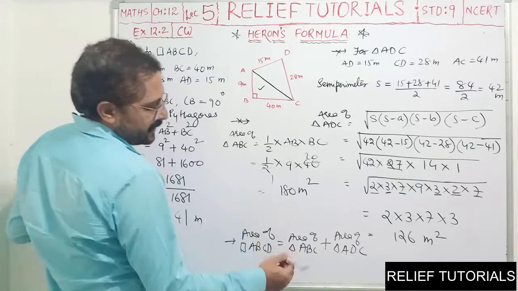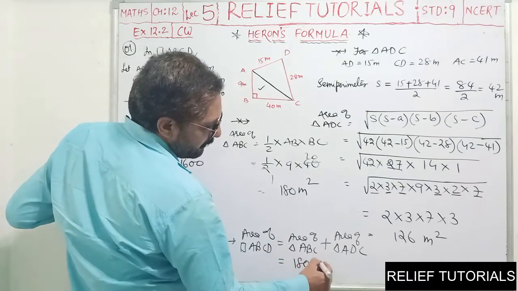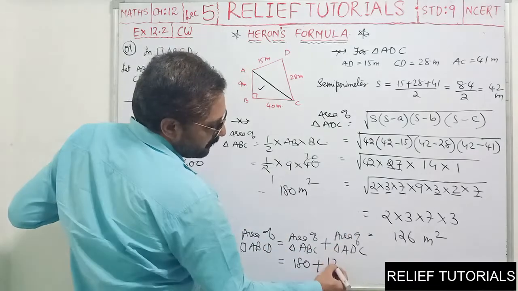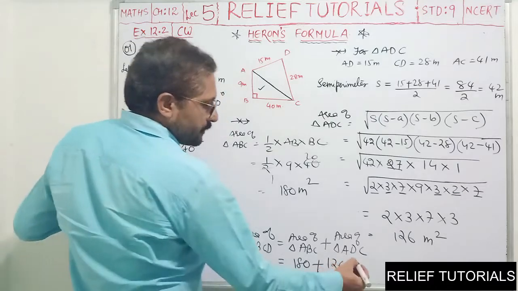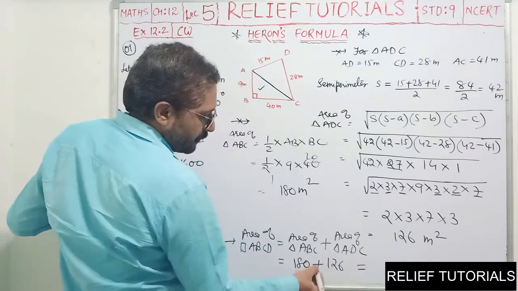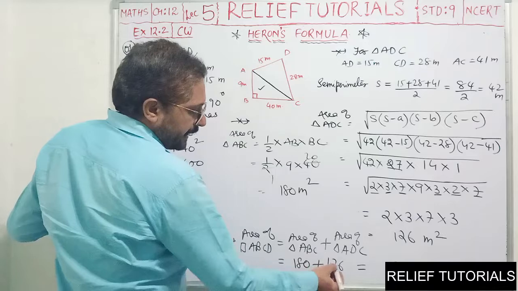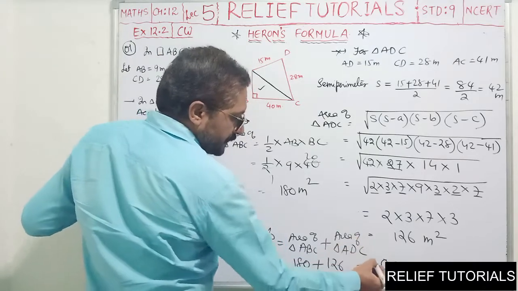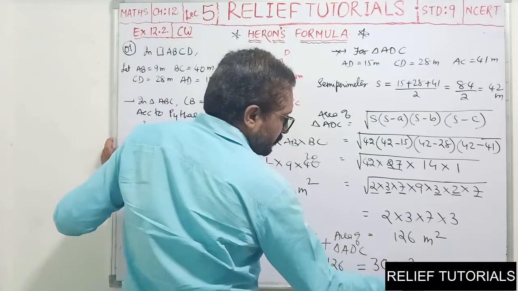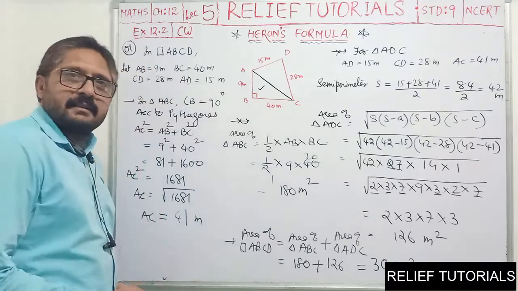Area of triangle ABC is 180 plus area of triangle ADC is 126. So 0 plus 6, 6. 8 plus 2, 10. Carry 1. 306 meters square is our answer.